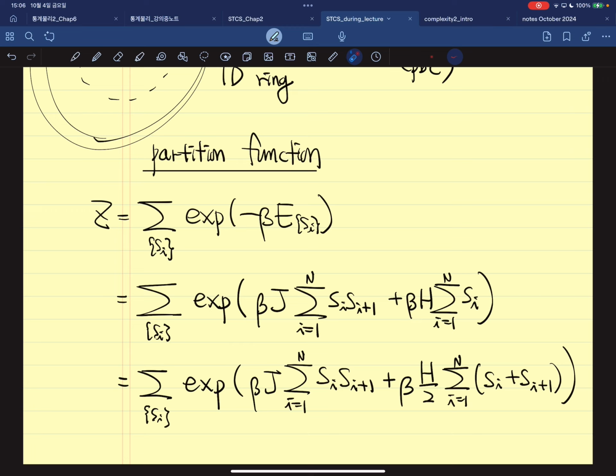As I already mentioned, we assign n plus 1 to become 1 and n plus 2 to become 2. It's periodically assigned. So it doesn't really matter. It's a sum over Si or sum of Si plus 1. And because this will add the same thing twice, we divide this whole summation by 2.